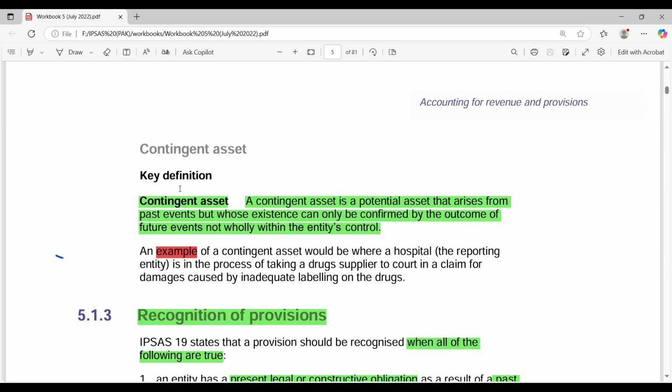The key definition of contingent assets is similar to that of contingent liabilities.